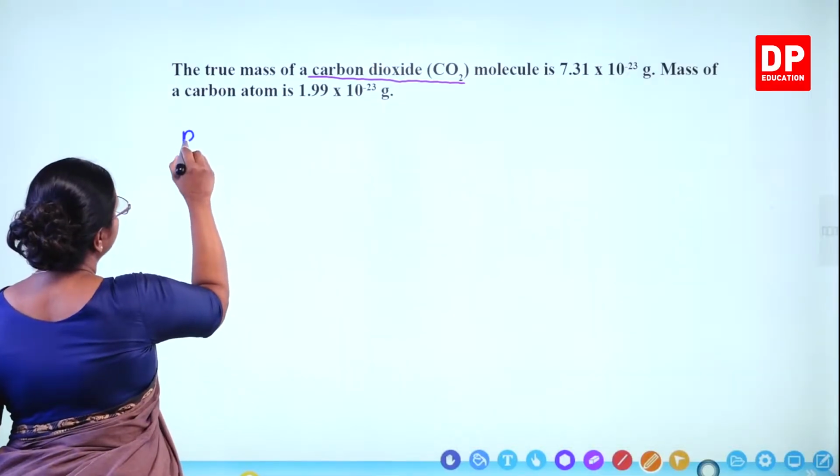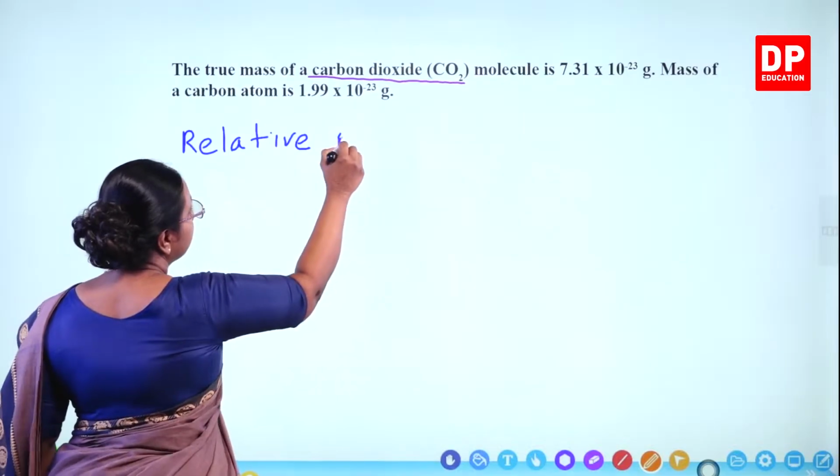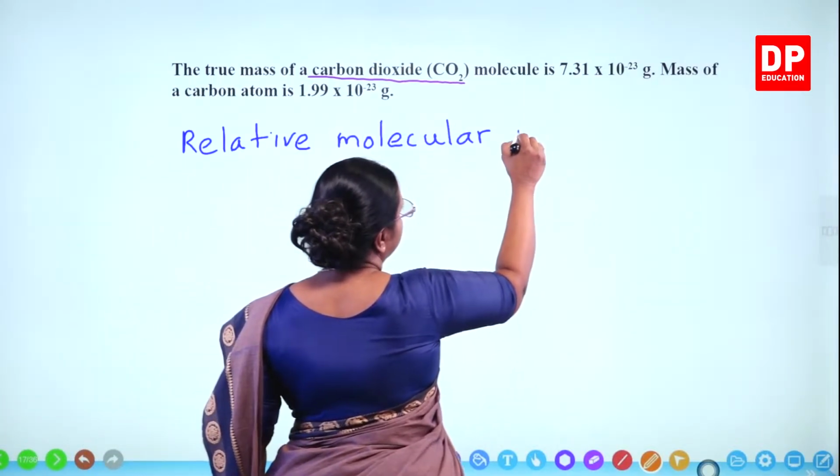So always you have to write the equation first. Relative molecular mass.